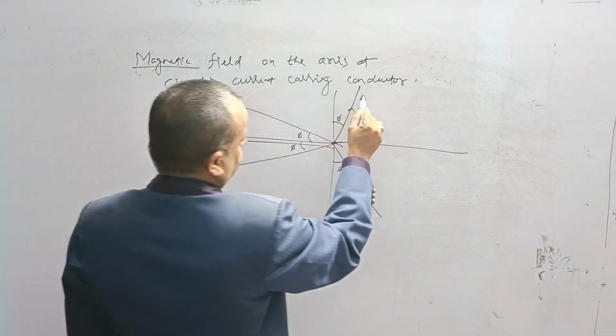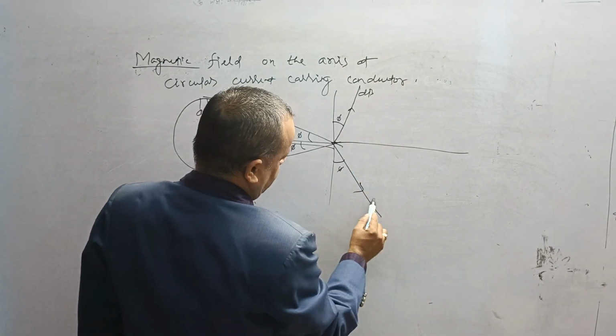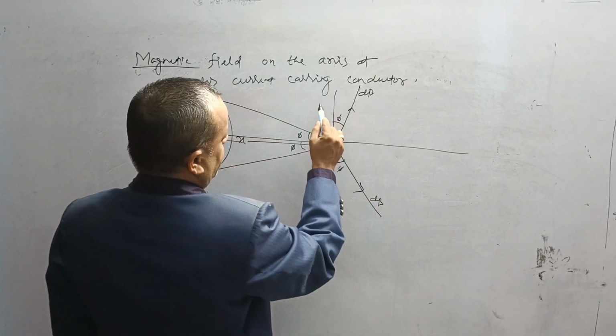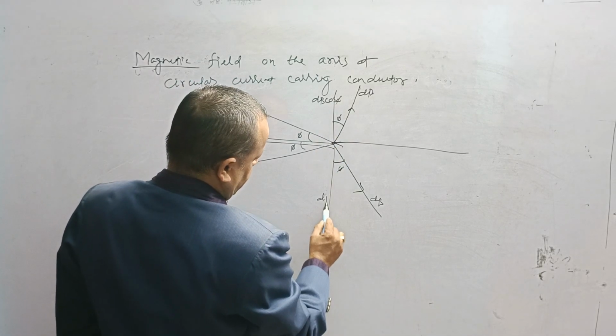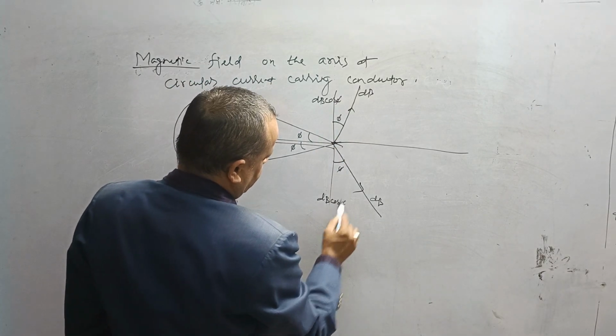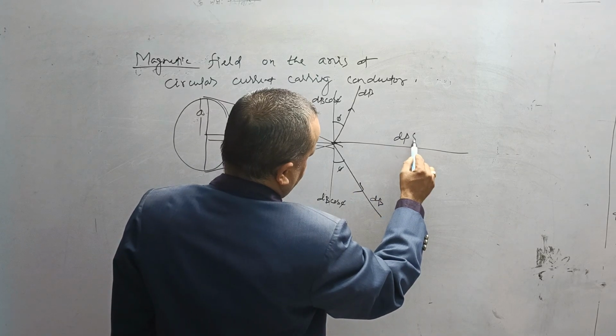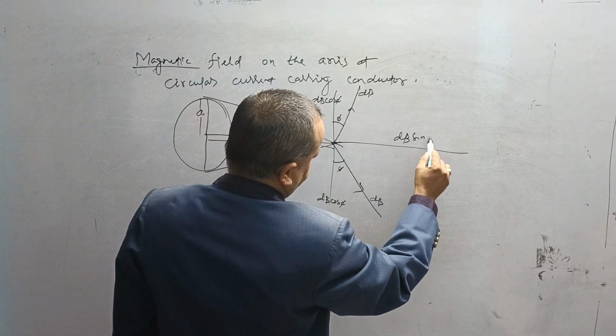Now what will we do? Let us suppose the value is delta B over here. We'll go for the component part. It is delta B cos phi, and delta B sin phi.